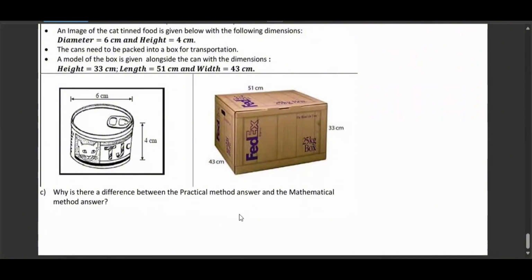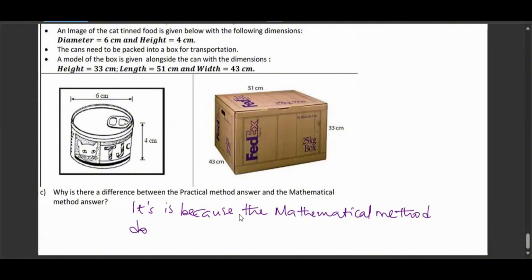As I've just explained, it's because the mathematical method does not consider the spaces left by round objects.